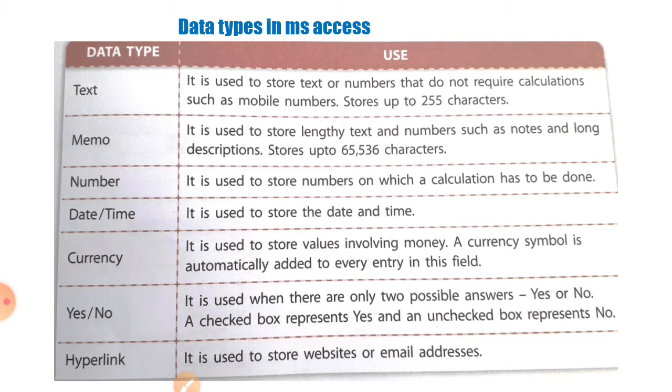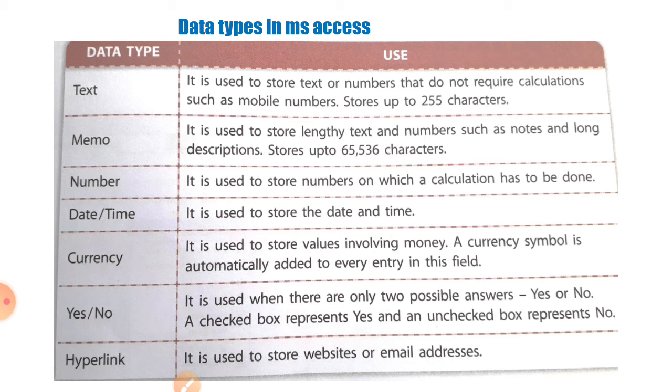It can store up to 65,536 characters. Next data type is number. It is used to store numbers on which a calculation has to be done. Next data type is date or time. It is used to store date and time.